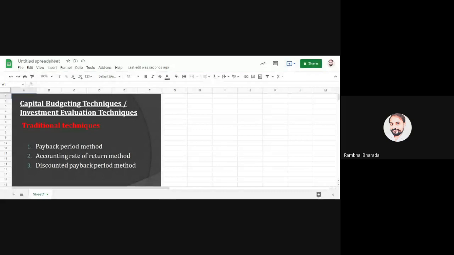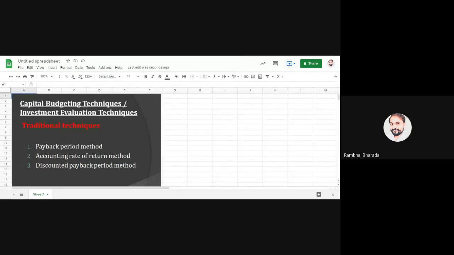So we have 3 techniques in traditional methods: payback period, accounting rate of return, and discounted payback period. Already we have started a few practical questions.